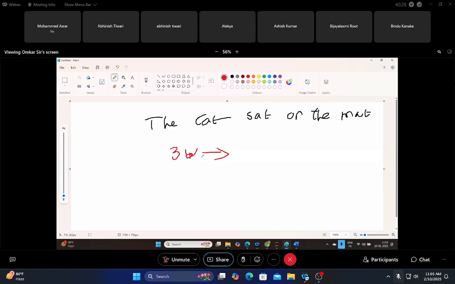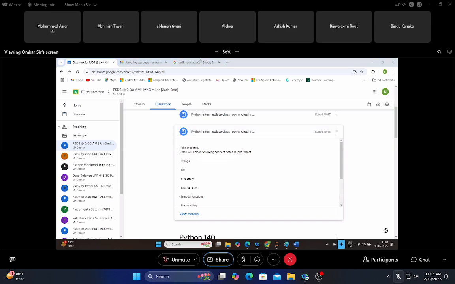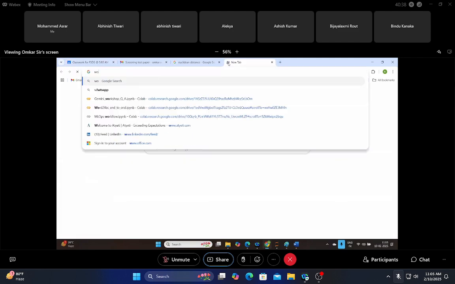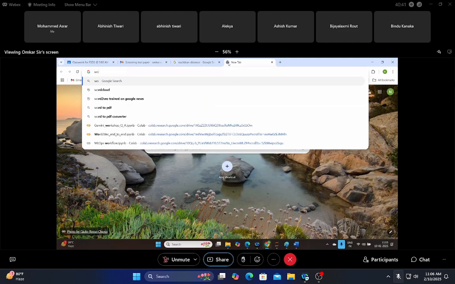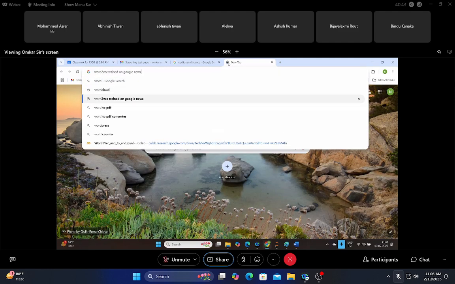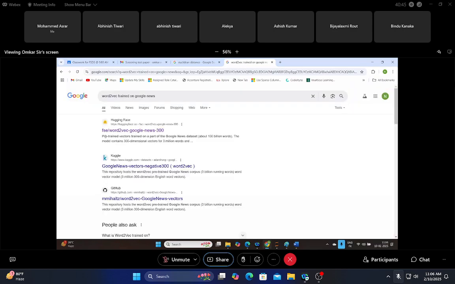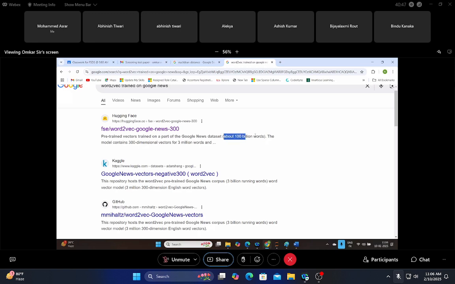Word to vector was developed by Google, trained on Google News data, about 100 billion words. So they are taking a data set of 100 billion words.